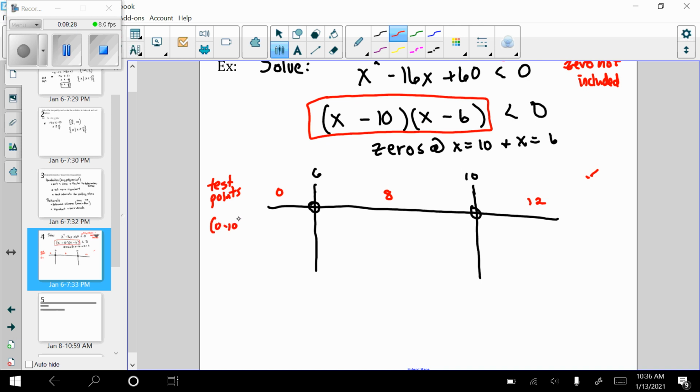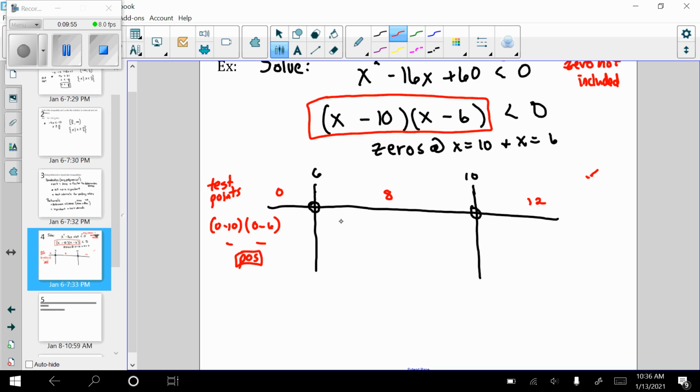So 0 minus 10 times 0 minus 6. So that is a negative value times a negative value. Negative times negative is positive. So in the interval from negative infinity to 6, this quadratic is sitting above the x-axis. All of those values up to 6 are going to be positive.